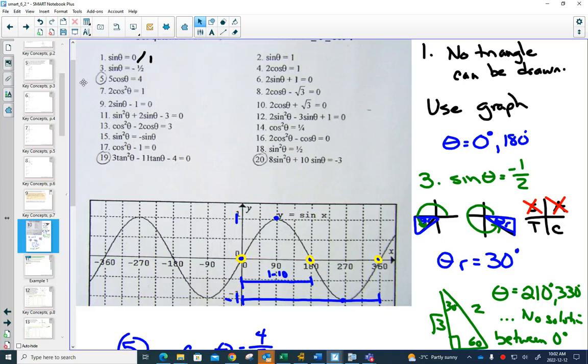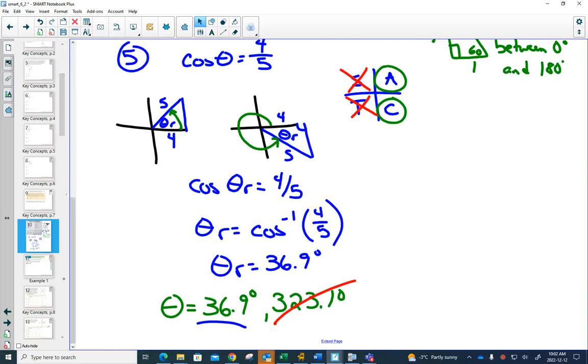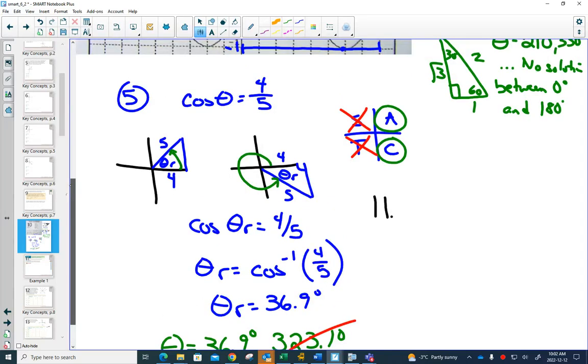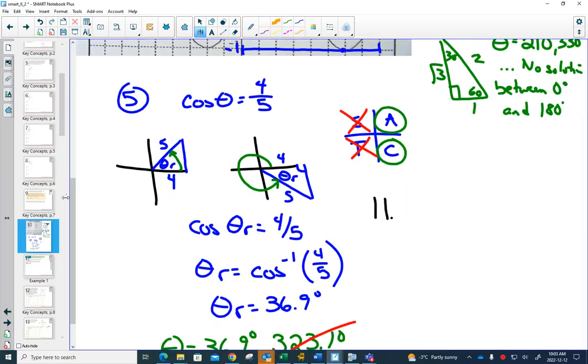Where do we get some complicated ones? Once you get to 11, you're going to have to factor using your quadratic equations. So, should we do one factoring one together? If we look at number 11, sine squared plus 2 sine theta minus 3.